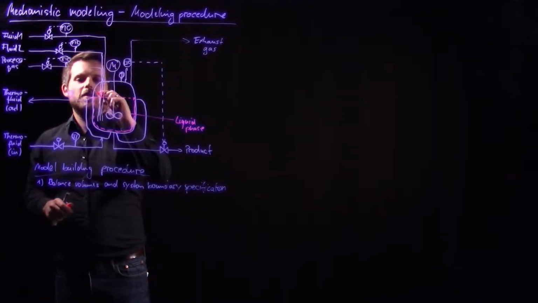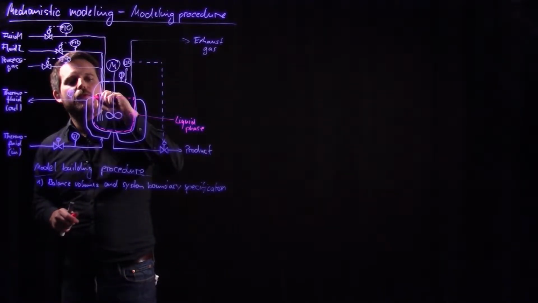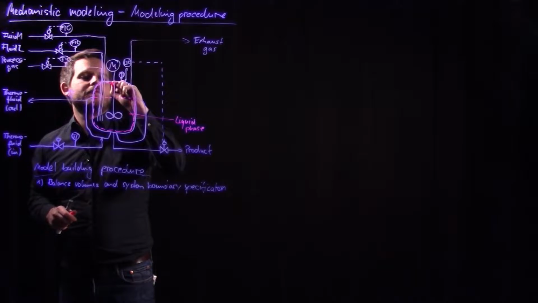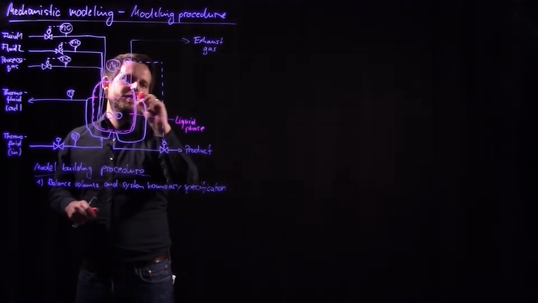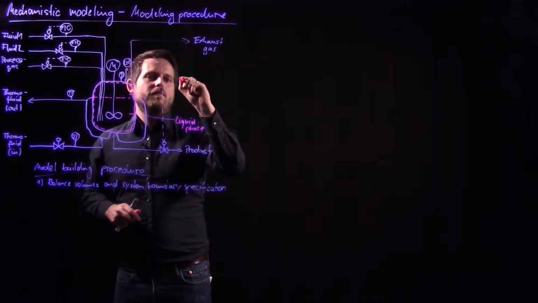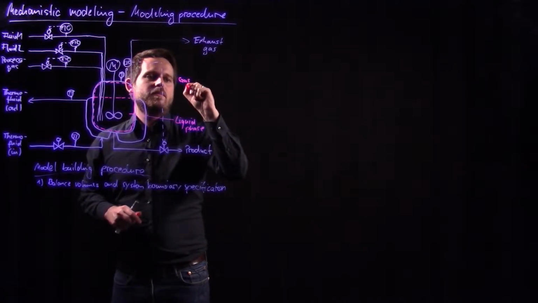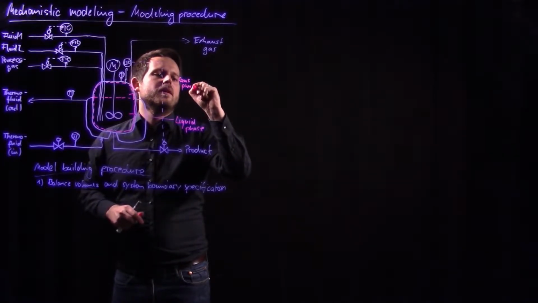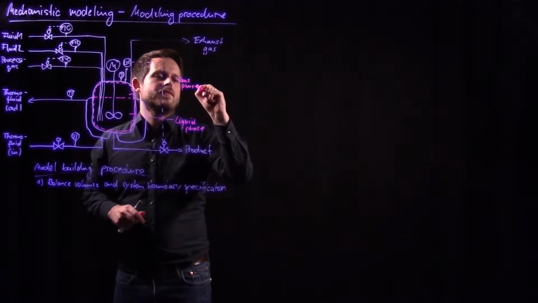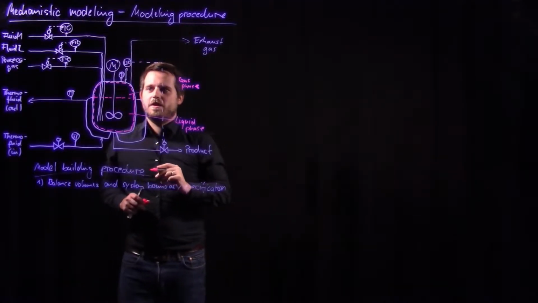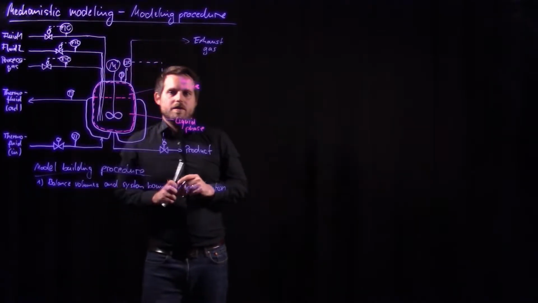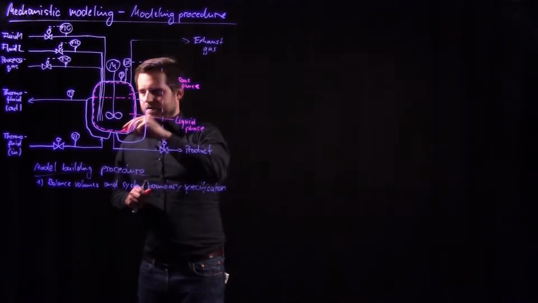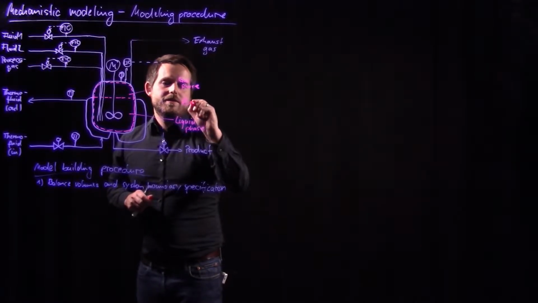And then there might be also a balance volume for the gas phase within the system. We will not take care of that very much afterwards, but in principle, if you have to consider the gas phase, you should have a look into this volume as well. And this is related to step 1, so therefore we list here 1.